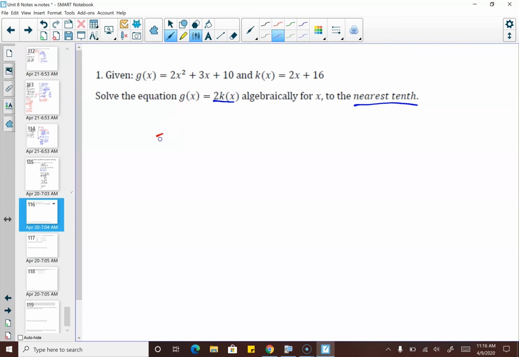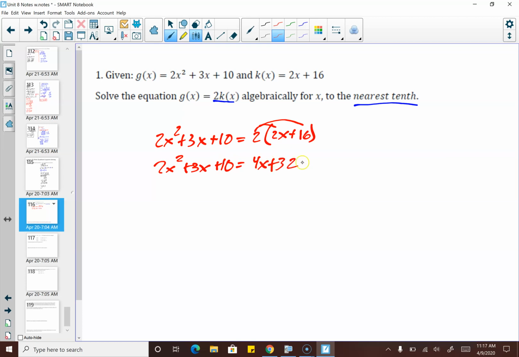So g of x, 2x squared plus 3x plus 10 equals, and then 2k of x. So 2, and then k of x is 2x plus 16. All right. So now we know we have to set it equal to 0, but the first thing we have to do is distribute. So 2x squared plus 3x plus 10 equals 4x plus 32. Now we can set equal to 0.